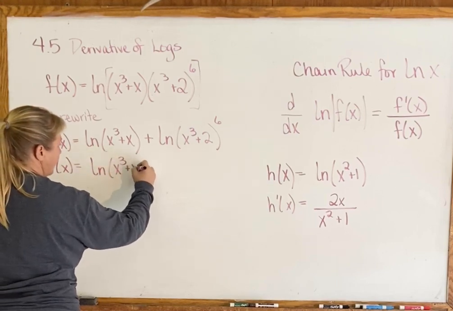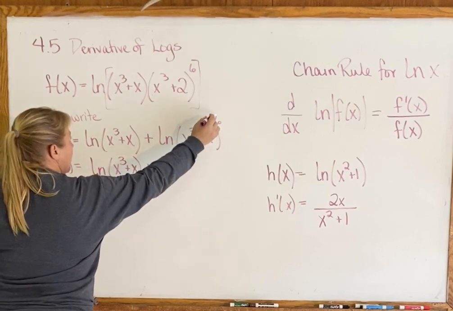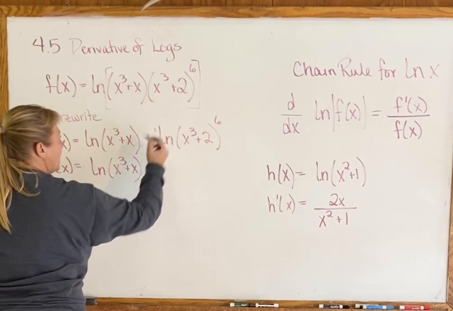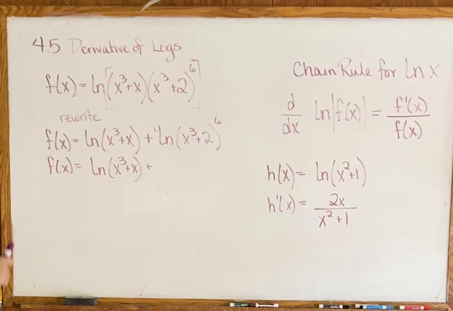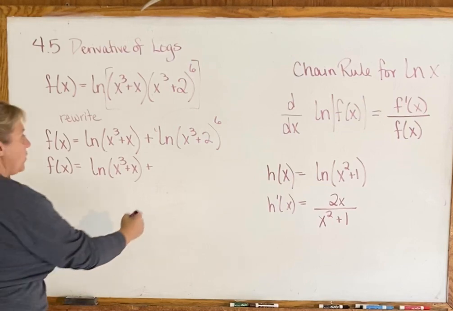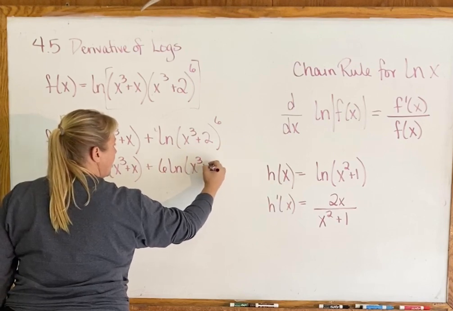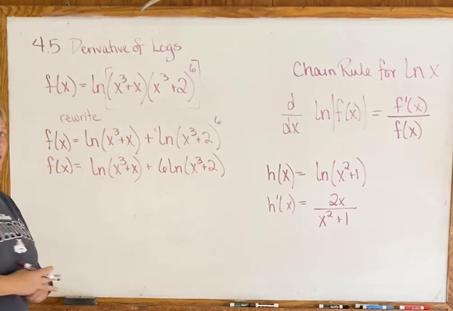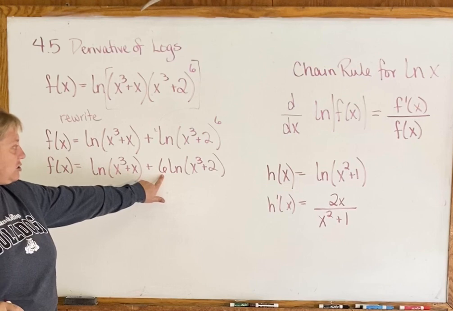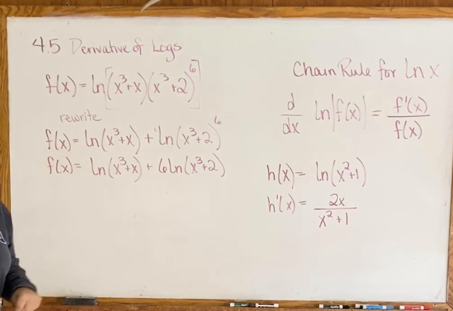Leave this guy, he's good, but remember the power rule says we can bring any exponent and stick it out front. So we can say 6 ln of (x cubed plus 2), which means the 6 is just a constant that comes along with the derivative as we go.